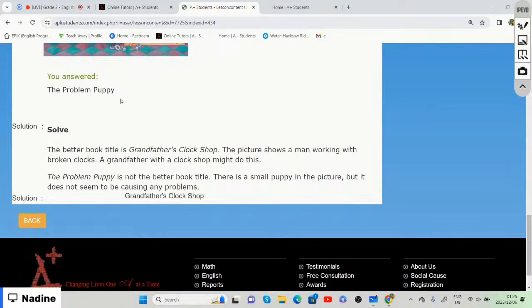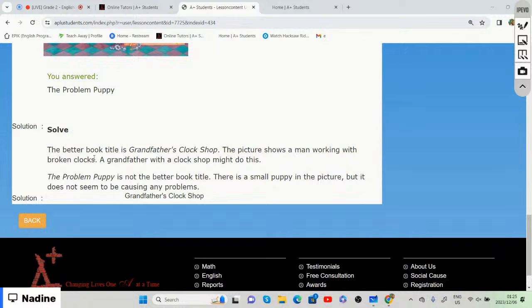We can even go with the title The Grandfather's Clock Shop. That is just a possibility. All right, so now let's see.